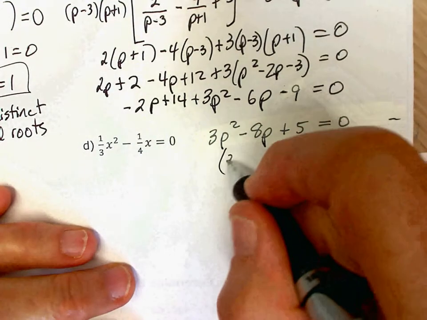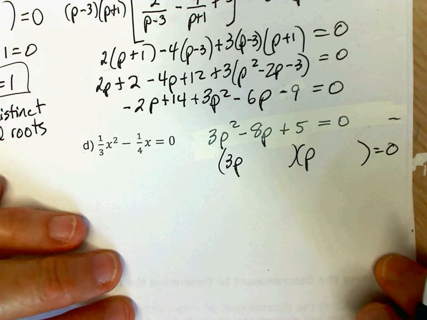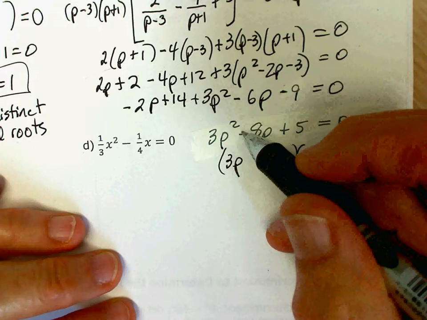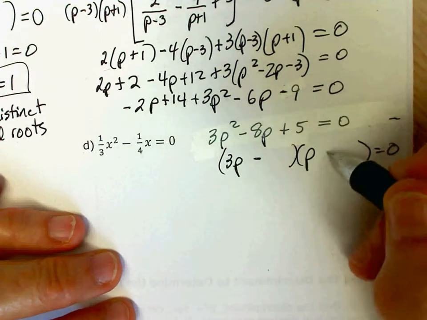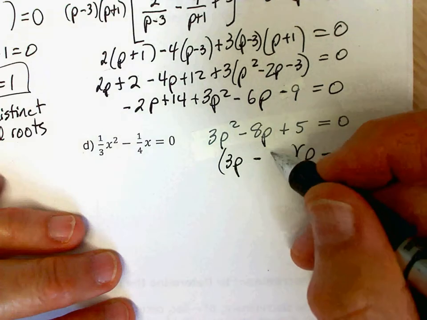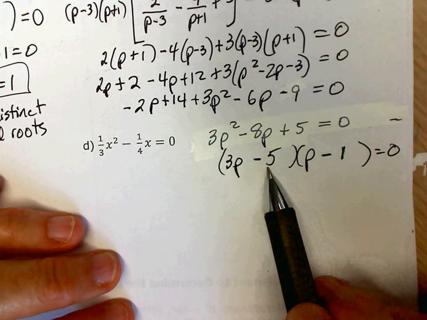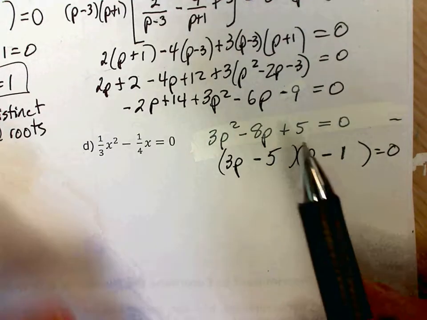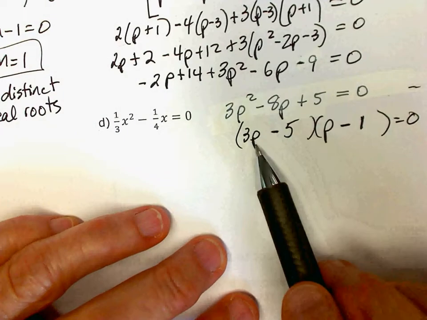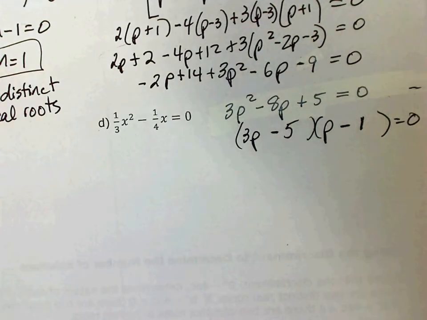It's 3p times 1p. To get a 5, well, that's a negative, so it looks like we're going to have two negatives here. Looks like this will be negative 5, negative 1, right? Because that gets me positive. Let's just check. 3p squared minus 3p minus 5p. Yeah, it's working. It's the correct factorization.